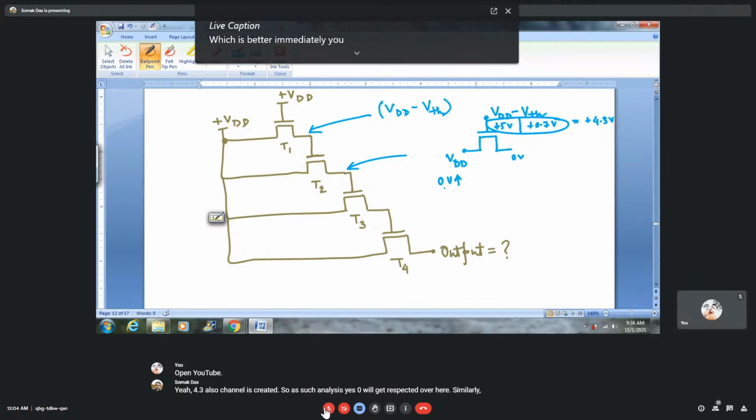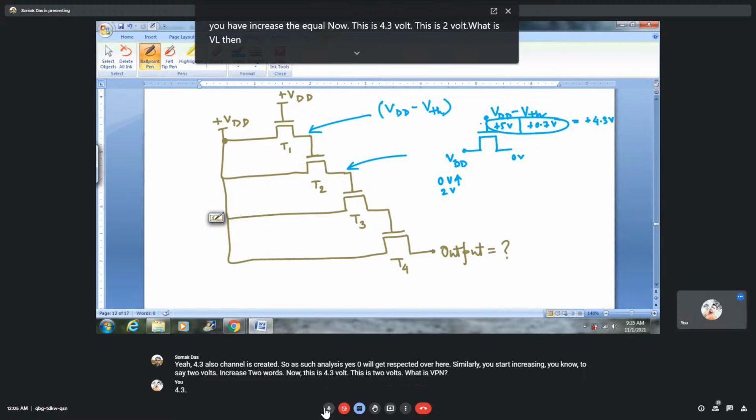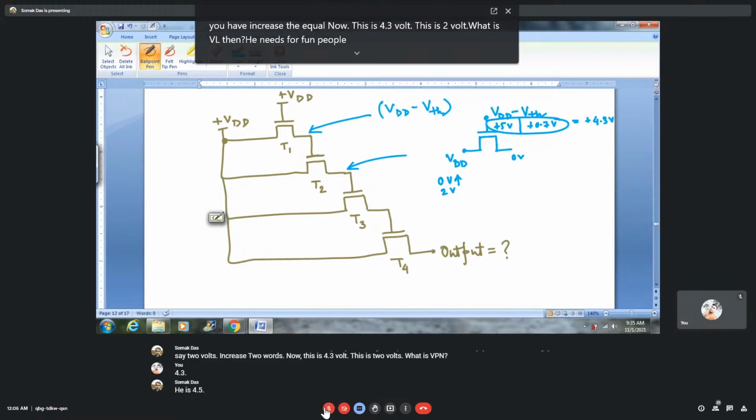Similarly, you start increasing 0 volt to say 2 volt. Now this is 4.3 volt, this is 2 volt. What is VGS value? VG is 4.3 volt, and VS is 2 volt.